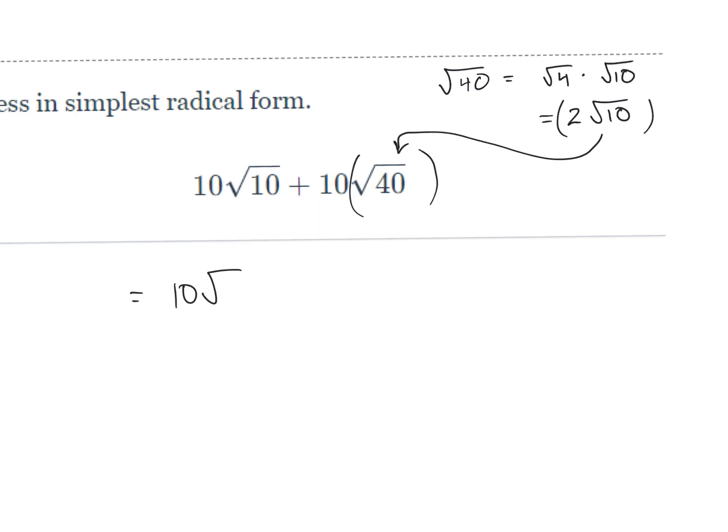So 10 times square root of 10 plus 10, but I'm going to replace square root of 40 with 2 square root of 10. Why do this? Well, now we got like terms. But I got to fix this up a little bit.